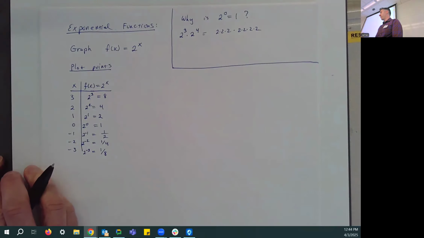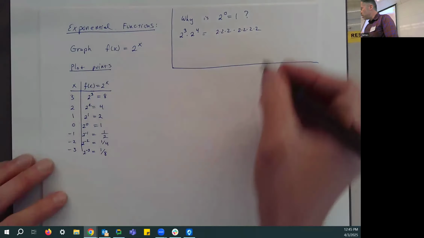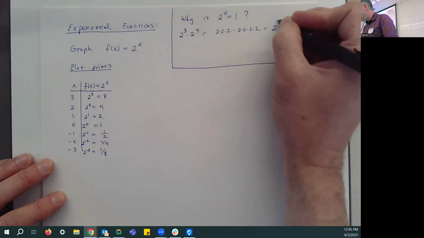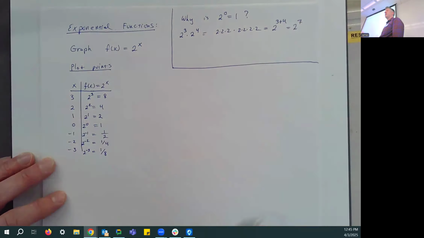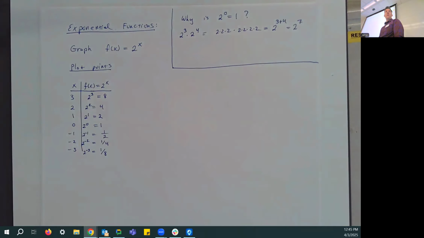How do we get 7 from 3 and 4? We add them together. So this is the same as 2 to the 3 plus 4, which is 2 to the 7th. That's the additive law of exponents. When you multiply two things together that have the same base, we can just add the exponents because you're really just counting up the number of times you're multiplying that base together.